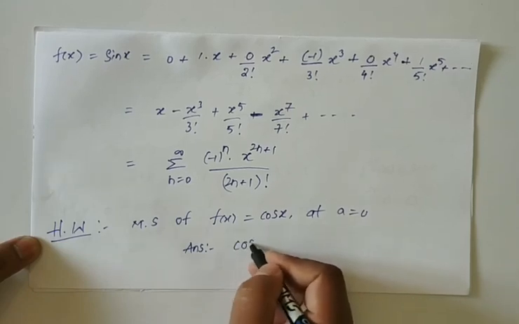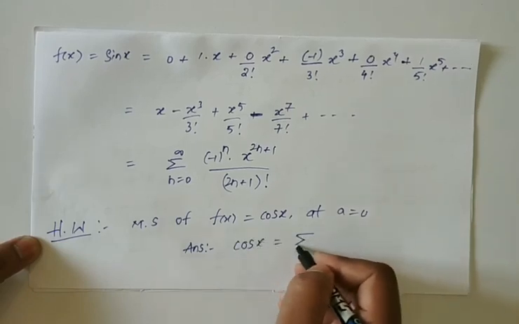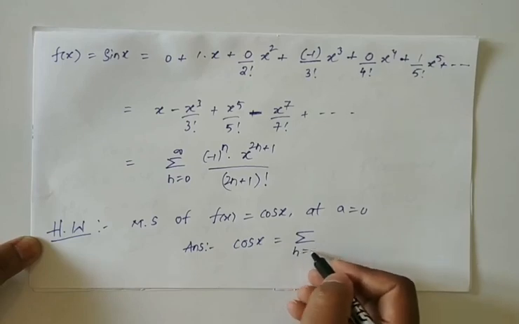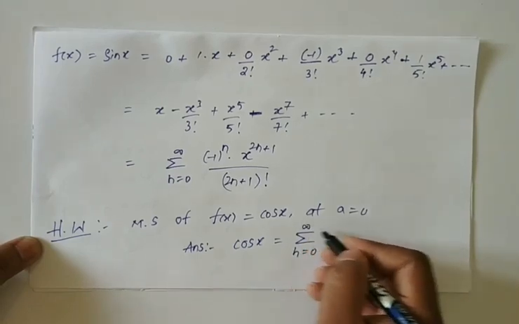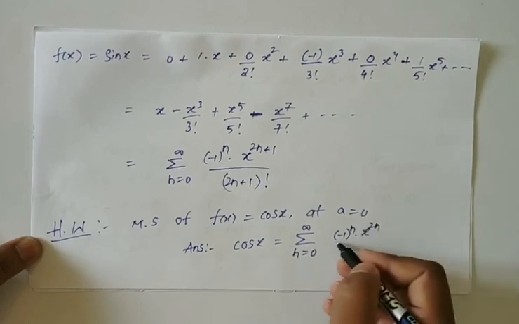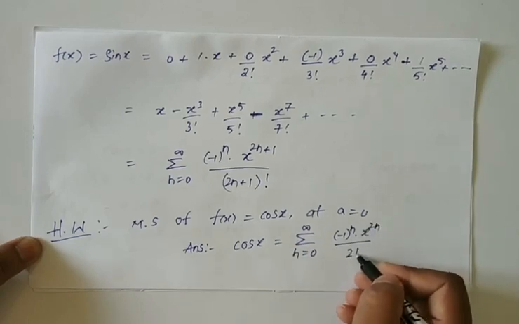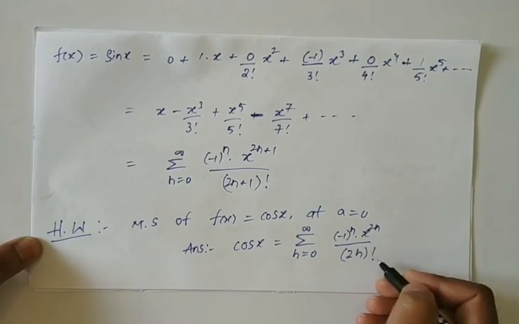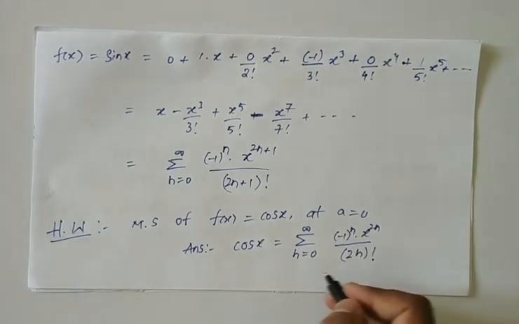Okay, cos x is equal to summation n is equal to 0 to infinity, minus 1 whole power n, x power 2n by 2n factorial. Please do it, students.